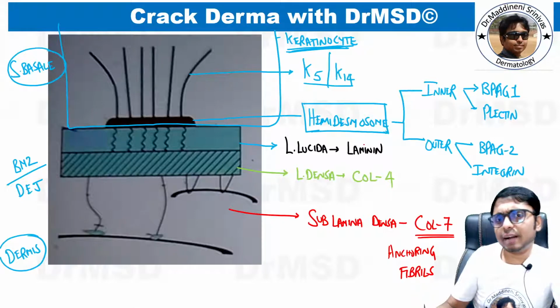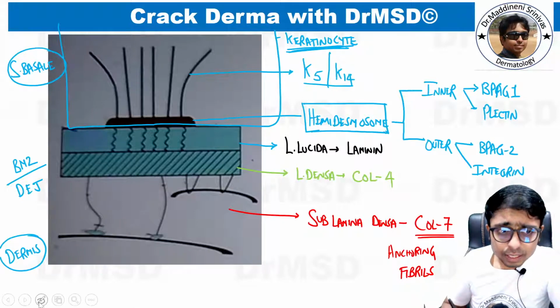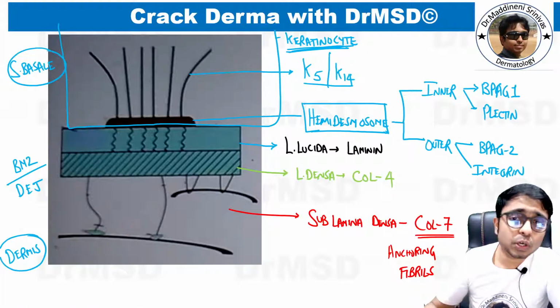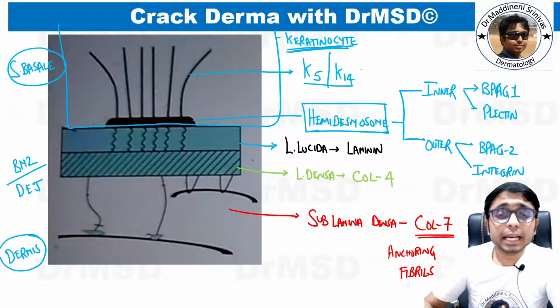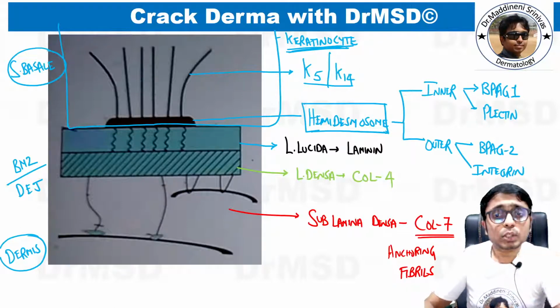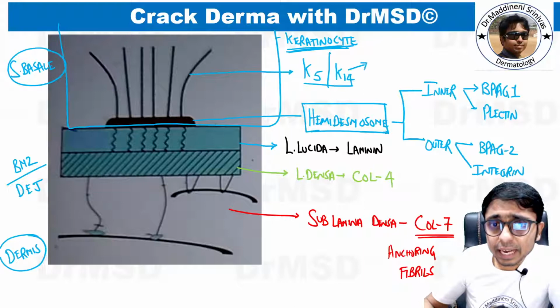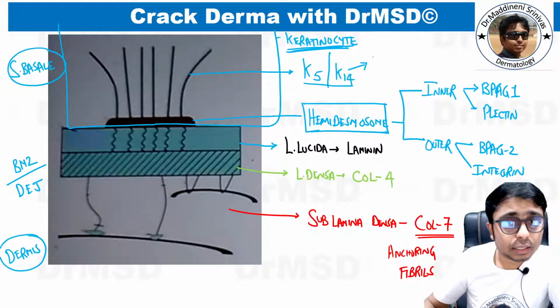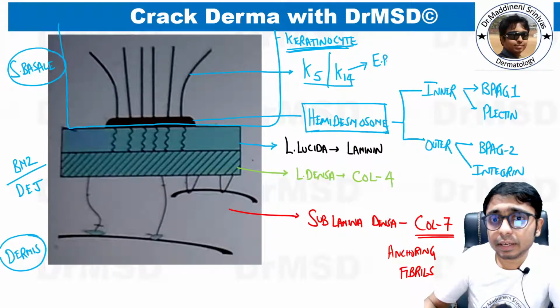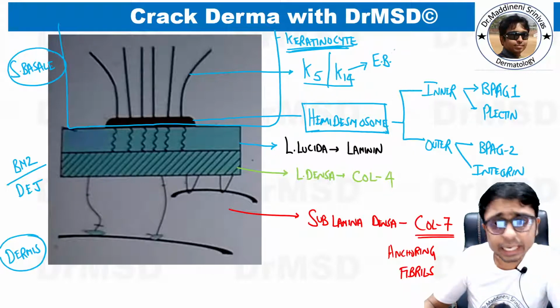Why are we discussing all this? Because different vesiculobullous disorders have defects in different proteins. As you can see, keratin 5 and keratin 14 are genetically defective from birth in epidermolysis bullosa simplex.